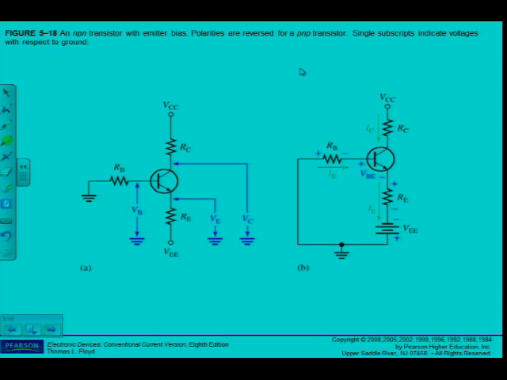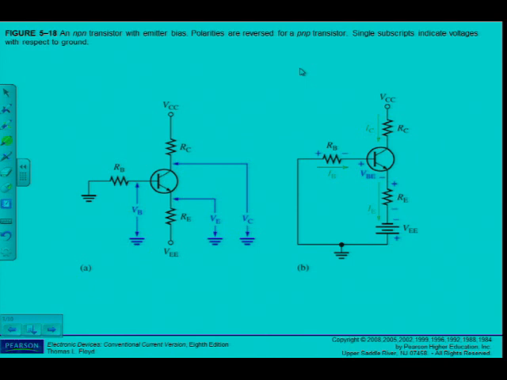Then substituting IB is equal to IE divided by beta DC, and transposing VEE and factoring out, I get the final formula at the bottom of the page there. IE is equal to minus VEE minus VBE, divided by RE plus RB divided by beta DC.